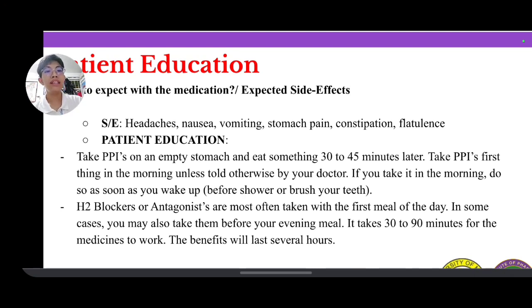So as you can see, H2 blockers take a long time to work and also last several hours, but PPI in this case is the best drug to use, knowing that it has a longer duration of action and is faster to have a therapeutic effect in the body.